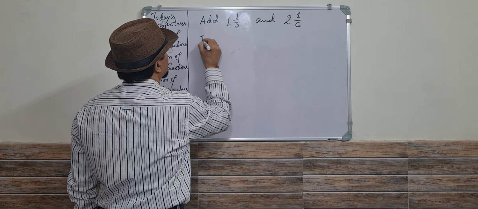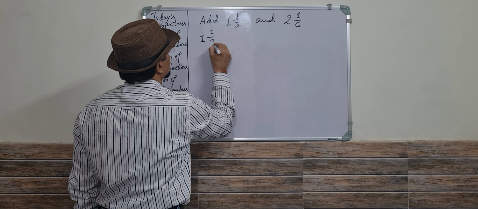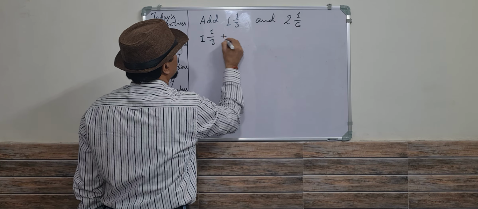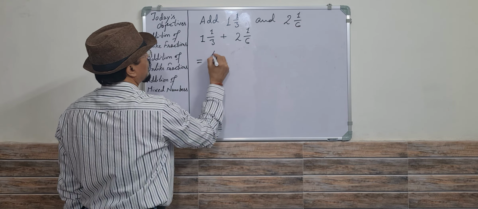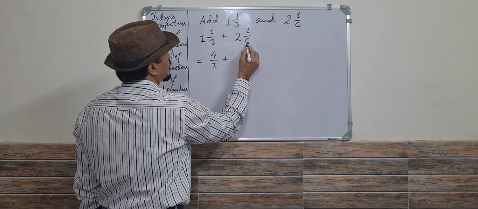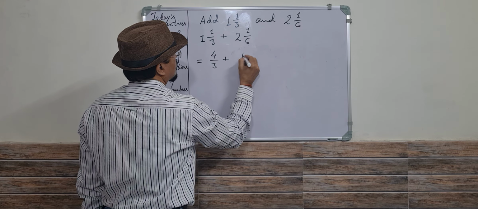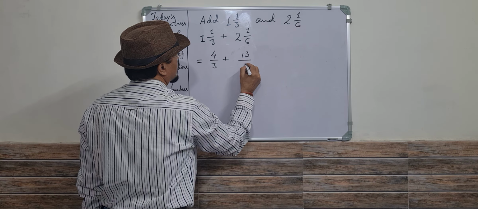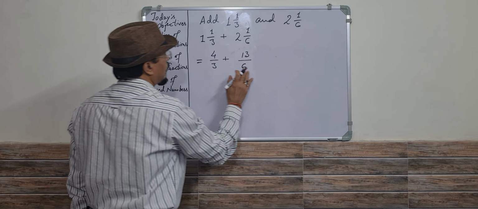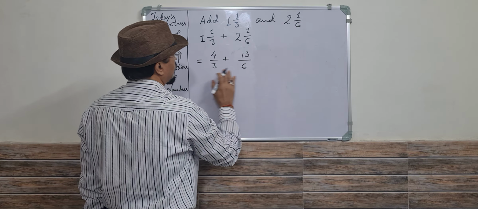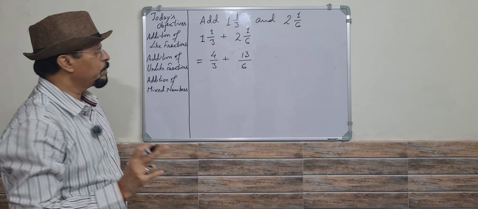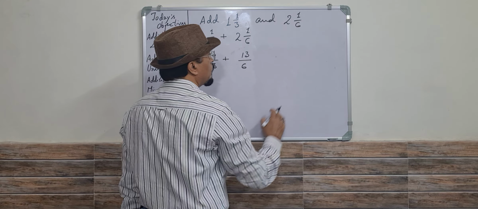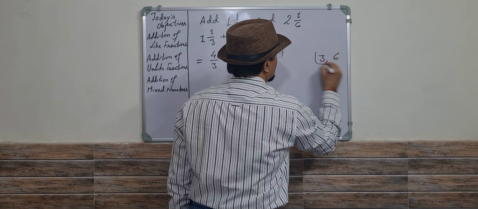So 1 whole number 1 by 3 plus 2 whole number 1 by 6 equal to, converting into improper fractions, means 3 1s are 3 plus 1, 4 upon 3 plus 6 2s are 12 plus 1, 13 upon 6. Now these two have different denominators. So first of all, we'll have to make the denominator the same. For that, we can find the LCM of these two denominators.